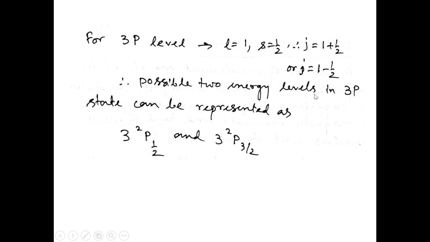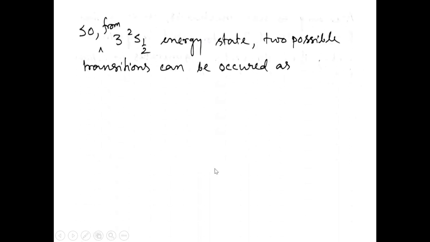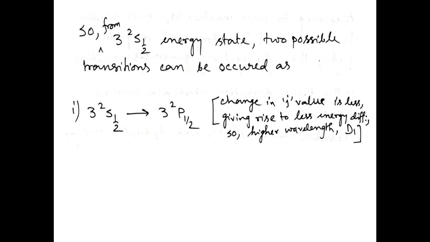So the electron can move from 3 2S half either to this level or to that level, the immediate two available energy levels. From 3 2S half energy state, there are two possible transitions. First transition may be 3 2S half to 3 2P half. Just check the change in the J value, half and another half, so the change in J value is 0.